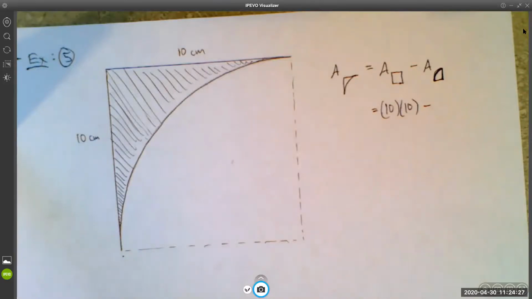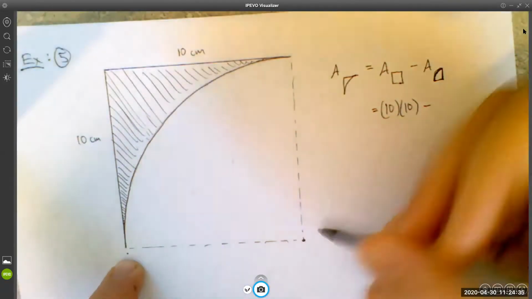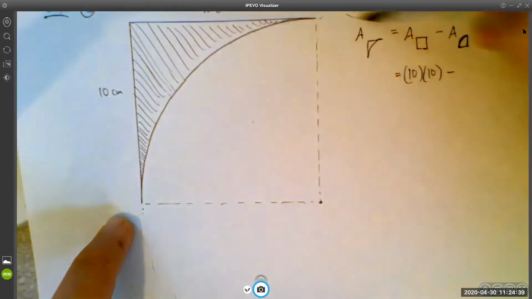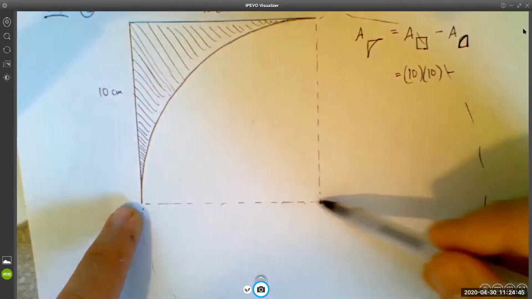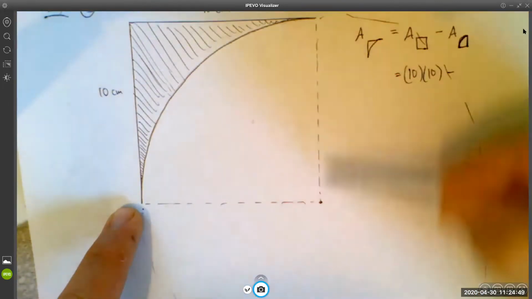So all I need to know is the radius of the big circle. Well, if you imagine drawing out this whole entire circle, right? So if you imagine that the whole thing was filled in, this would be the center of the circle. And that means that this length right here is the radius. And so is this length, right? They're the same length. They're the radius.